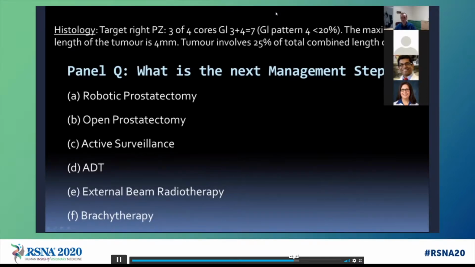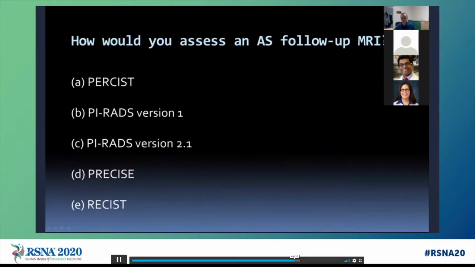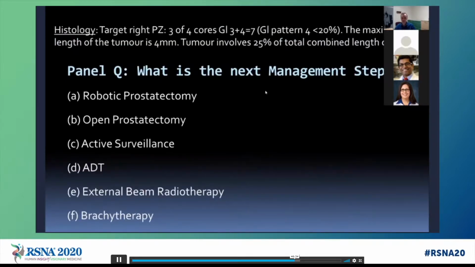Certainly, an open prostatectomy, which is essentially done in a retropubic approach or extraperitoneal approach, that would 100% be feasible. But oftentimes, in my experience managing these patients, they're quite amenable to pursuing radiation if they're seeking definitive treatment.